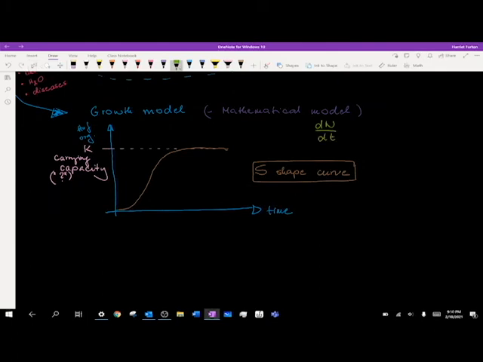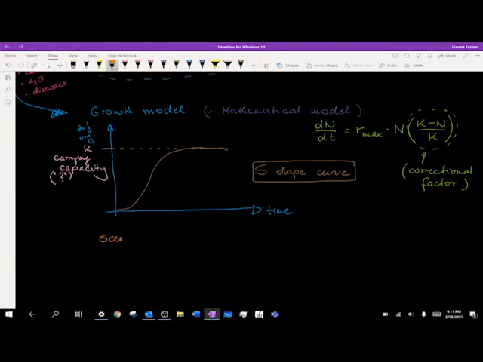Now, the growth of a population depends on the rate of growth times the size of the population, times a correctional factor that depends on the carrying capacity and the actual size of the population. Let's check different scenarios, how the population grows at certain points.